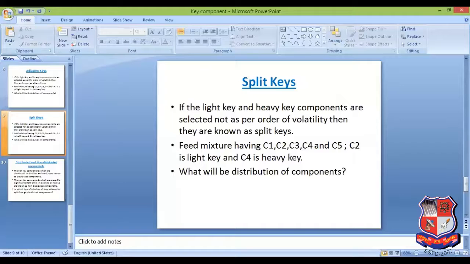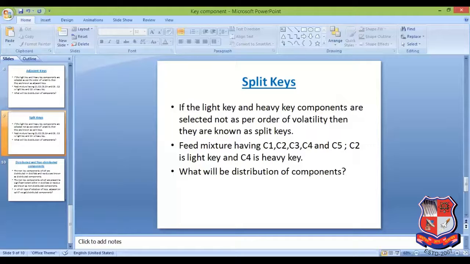Why is it so? Because fine, we want C2 and C4, but see, C3 is heavier than light key, so it will be there in the residue, and it is lighter than heavy key, so that's why it will be there in the distillate. So it will be distributed.